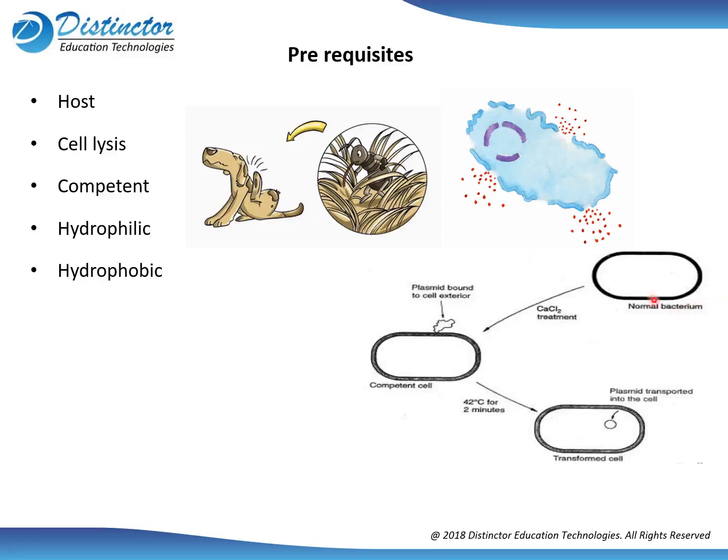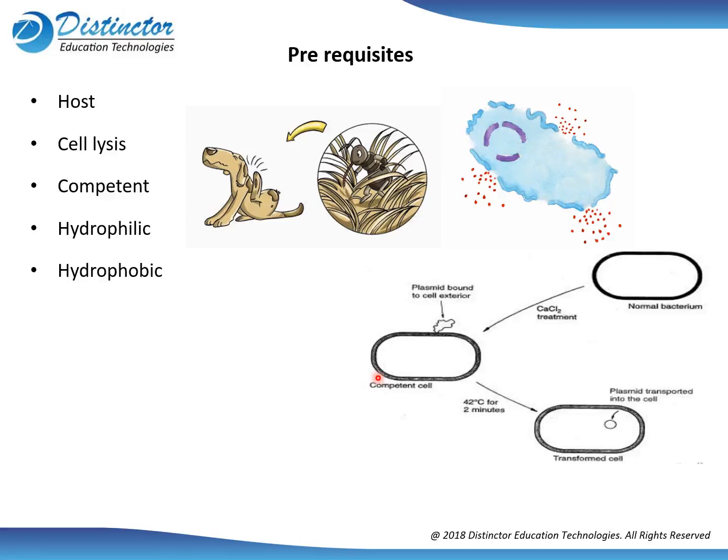Here you can see a normal bacterium. When you treat it with calcium chloride, this cell becomes ready to accept the foreign DNA. The plasmid binds and is introduced inside the cell, so it becomes a transformed cell. So when a cell is ready to accept a foreign DNA or anything inside, it is called a competent cell.